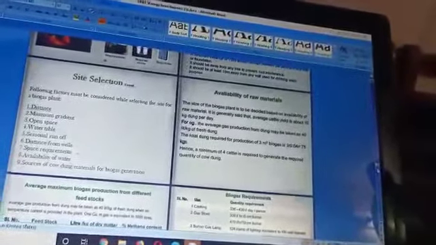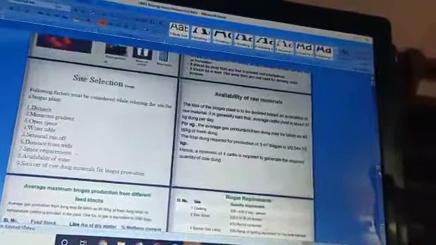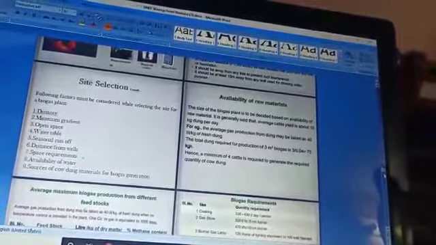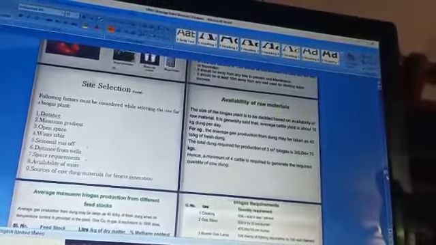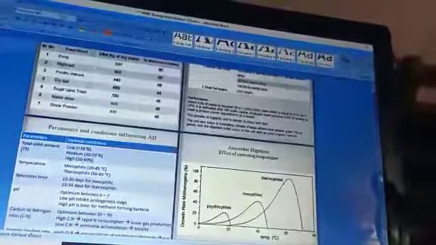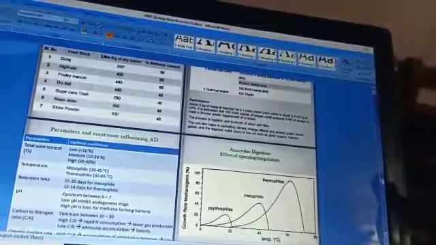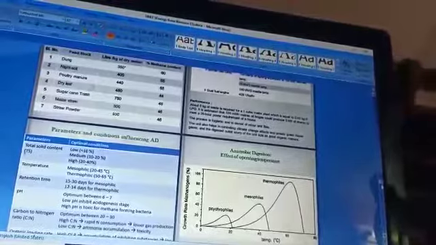When you are setting a site location, it should be near the place where the raw material is freely available, such as the cattle shed, so that you can make use of it, or else a lot of transportation cost will be incurred.